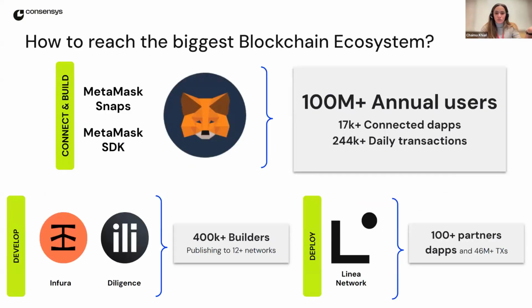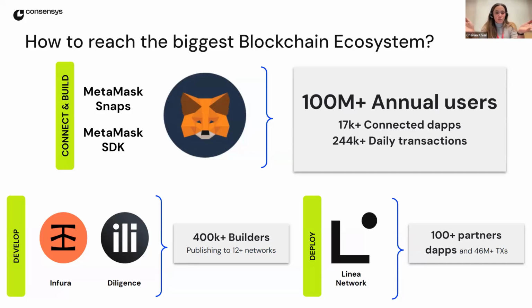I jumped to this slide, so how to reach the biggest blockchain ecosystem. I want to explore with you how these products will serve reaching the biggest blockchain ecosystem. Everyone is already familiar with the famous MetaMask, we call it our key to blockchain applications. I need to remind that we are talking about 1 million annual active users, that we have more than 70K connected dApps as of today, and that MetaMask counts 244K daily transactions.